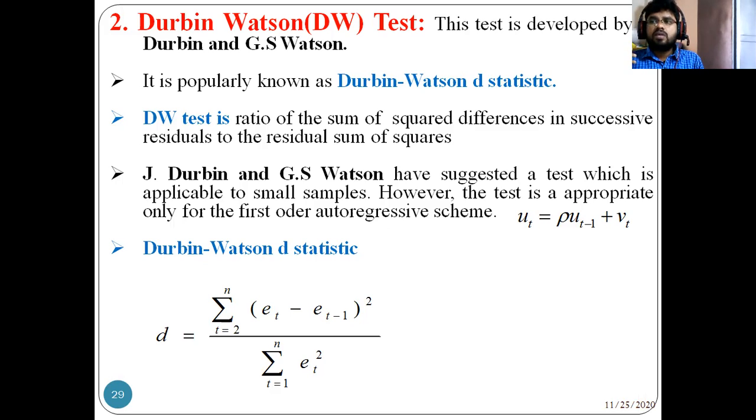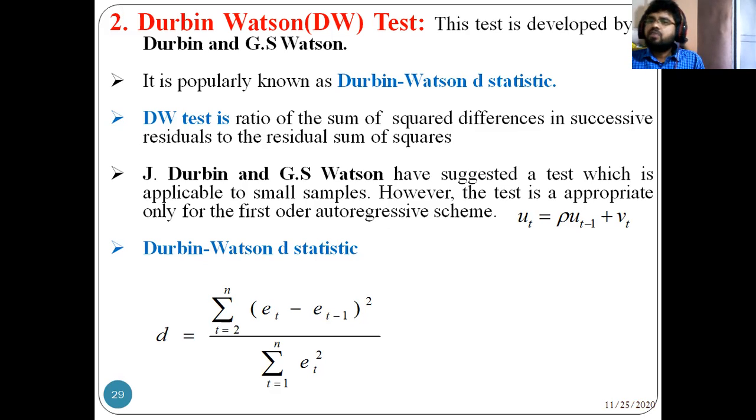Then you sum up the square differences, e t minus e t minus 1, that is the present year's error term minus its previous year's error term value. When you square it and add it, that is the sum of square differences in successive residuals, divided by the residual sum of squares. Residual sum of squares is nothing but adding all the residual values, that is the sum of e t square or e i square.